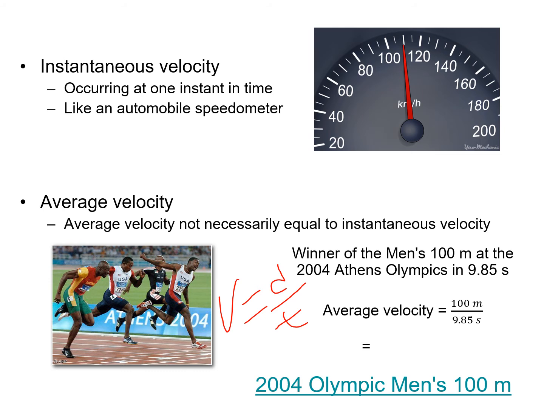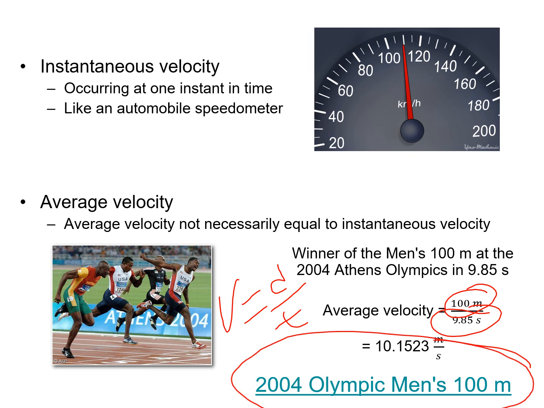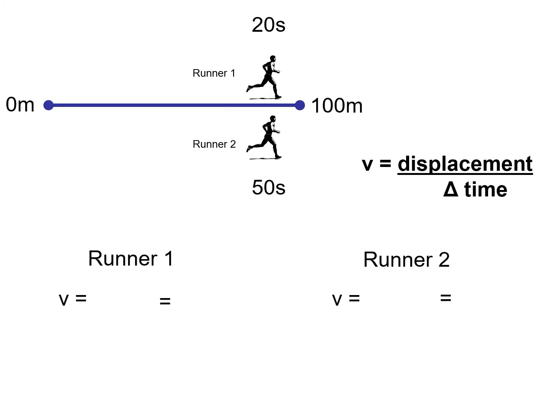So we have 100 meters divided by 9.85 seconds, and that gives us their average velocity of 10.1523 meters per second. Once again, here's another really cool video that shows that, but it's from the Olympics website, and they don't let me post on here, so you may have to watch that on your own time.